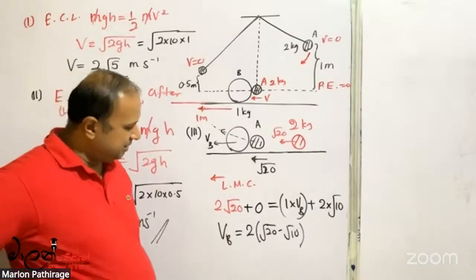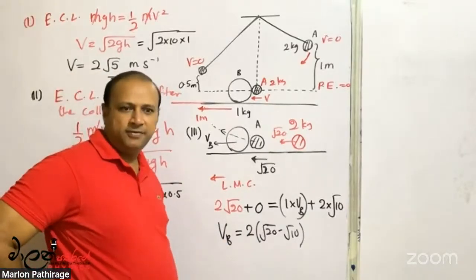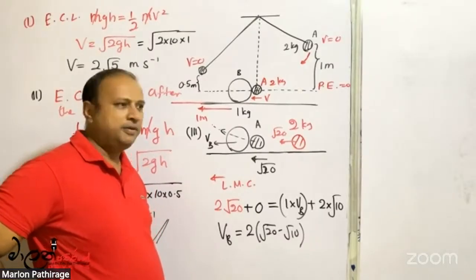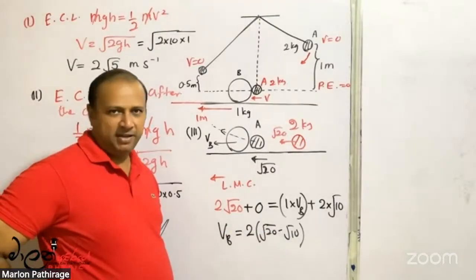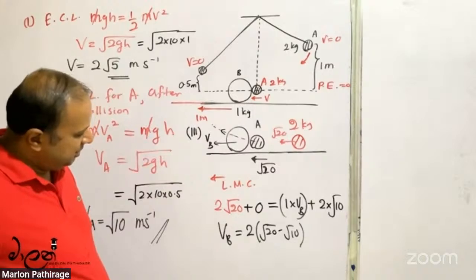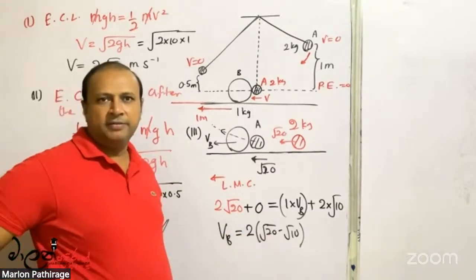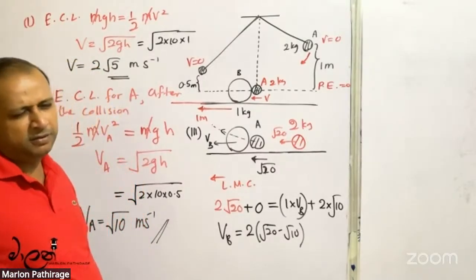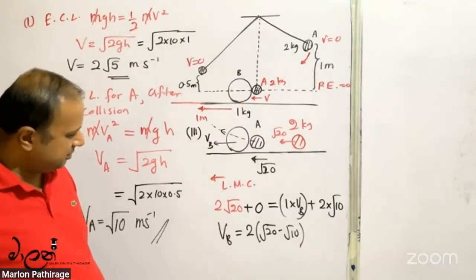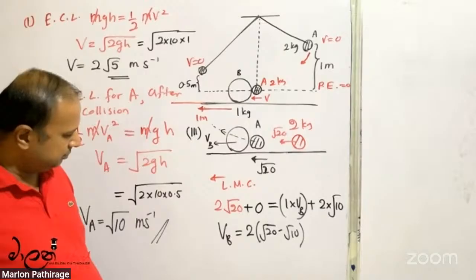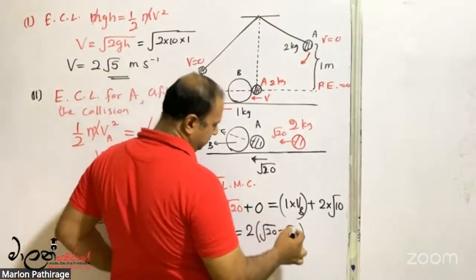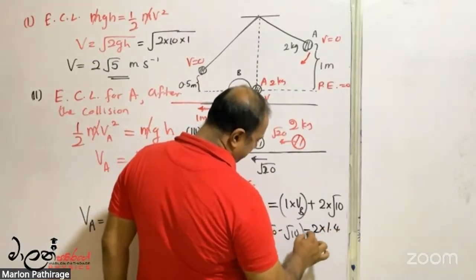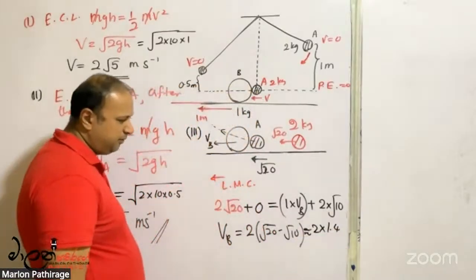So 4.5 minus 3.1 means 1.4. Two into 1.4. This is an approximate figure only.